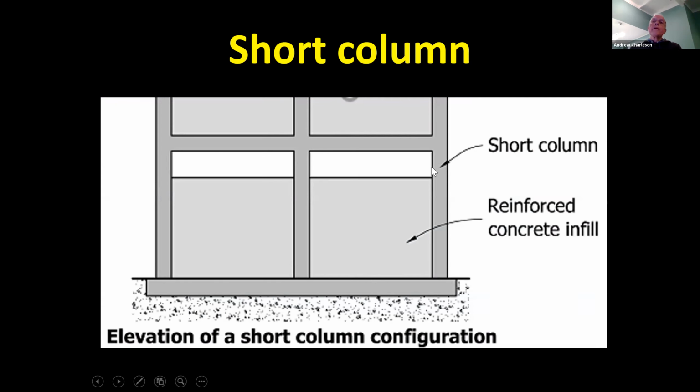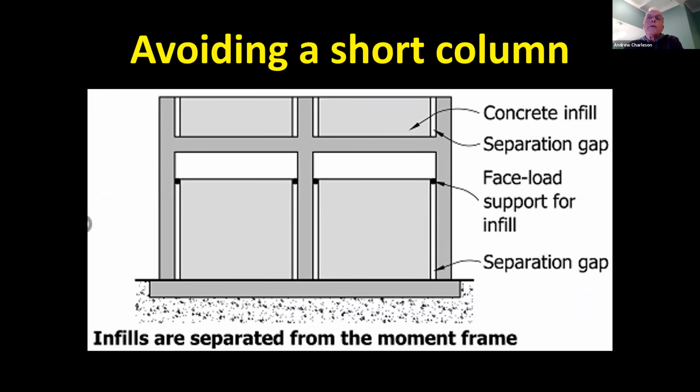How to avoid those short columns? Well, the best way is to separate the infills, to provide physical separation gaps, so that during an earthquake, the columns can bend over their whole length, their whole height. That's a really good solution.